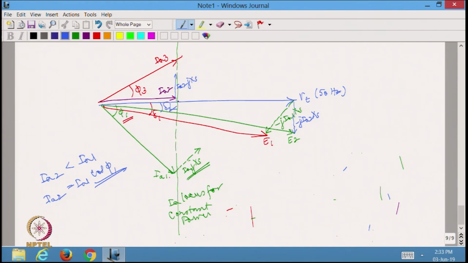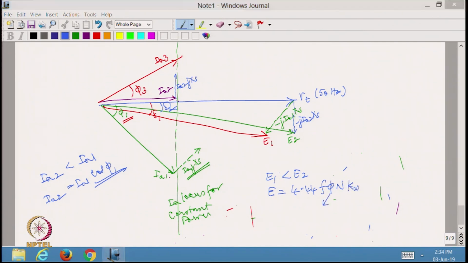Now, E1 and E2, if I compare, I said E1 is smaller than E2, but any E is equal to 4.44 F phi number of turns multiplied by kW. The only thing that could have changed is phi. So, if I write about E1, this will be phi 1, whereas if I write about E2, this will be phi 2, rest of the things being the same.